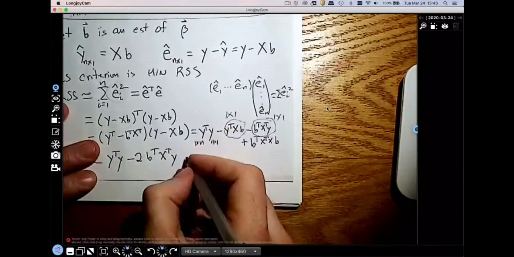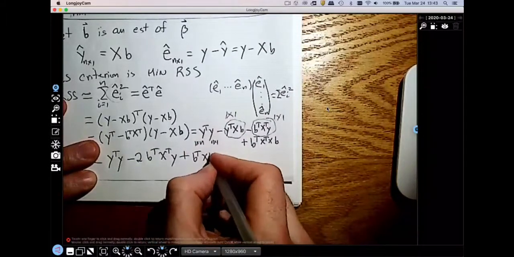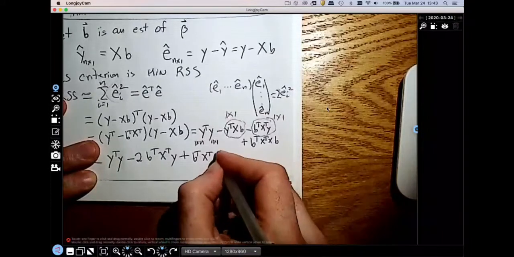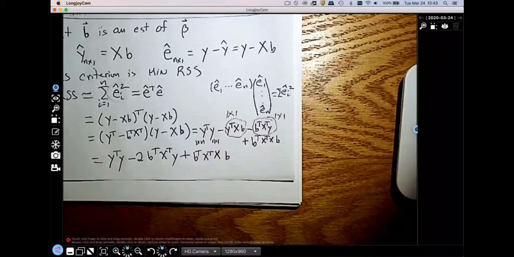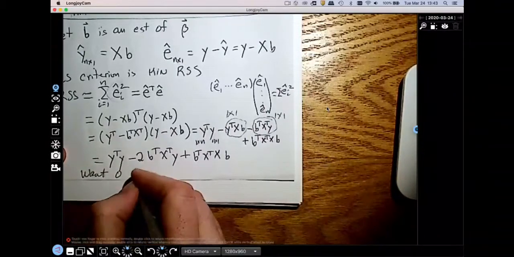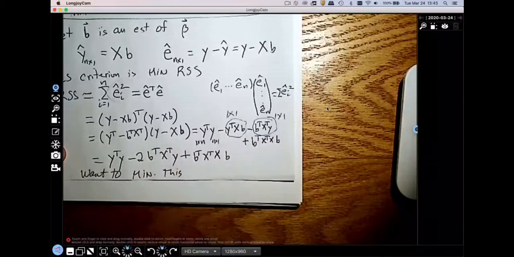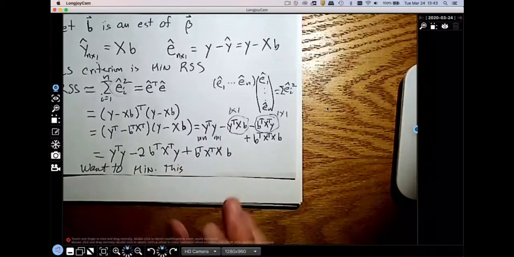And then we have the last term, so plus b transpose x b. All right, so we've just written out the objective function. So we want to minimize this. That's our goal. So how do we minimize something?